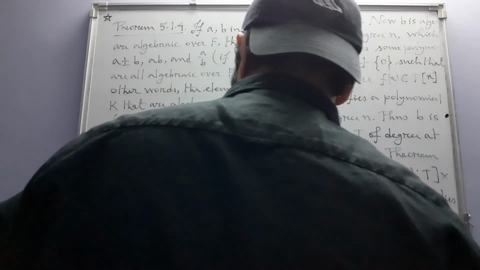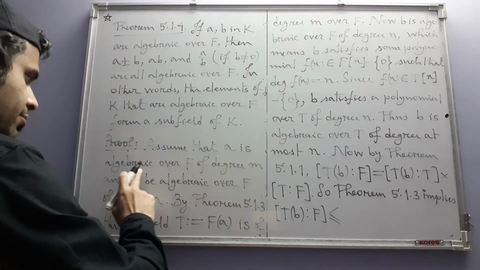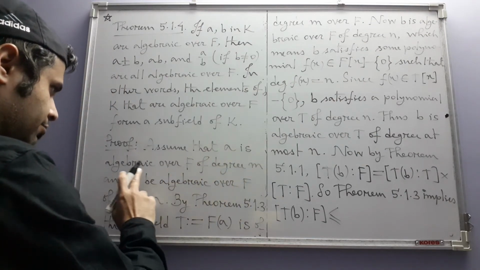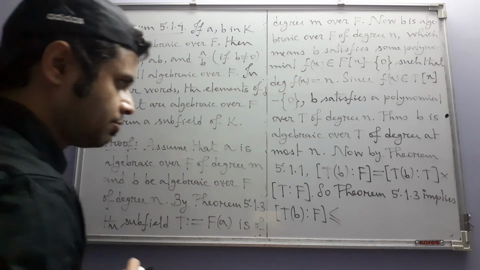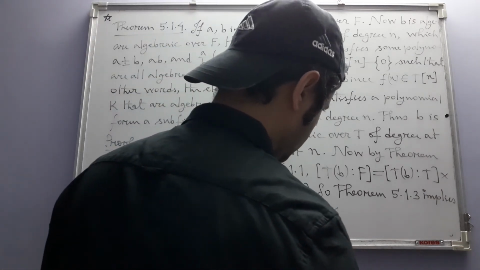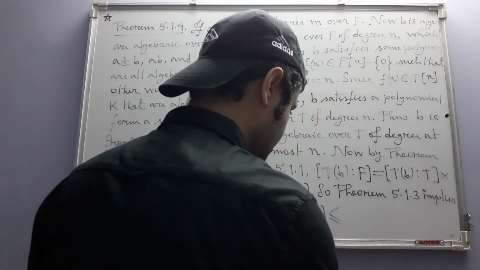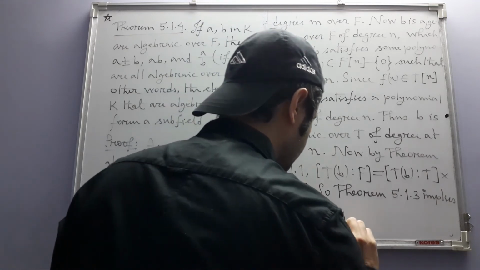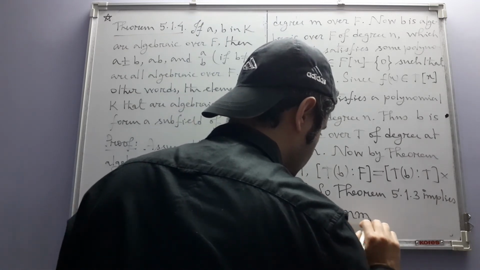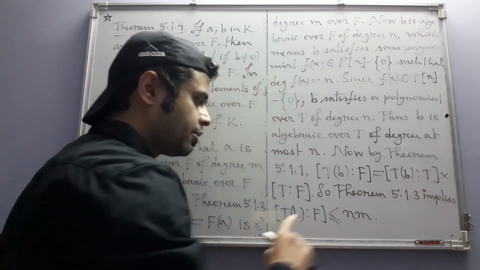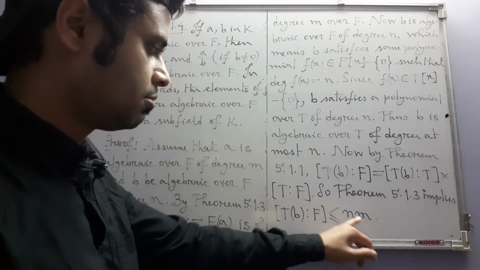Have I taken m and n correctly? m is the degree of A over F, that means this one, and n. This is less than or equal to n, and this is equal to m.